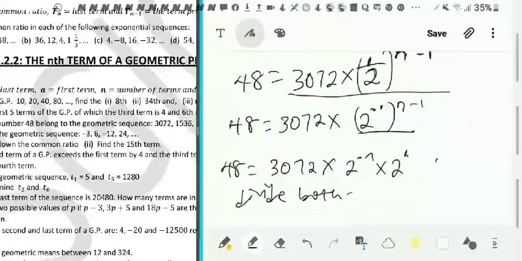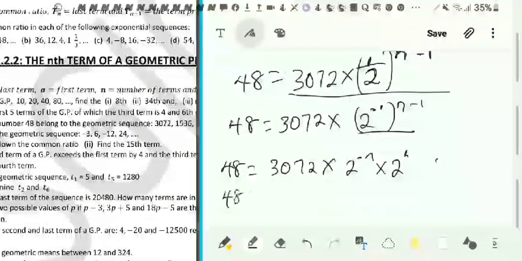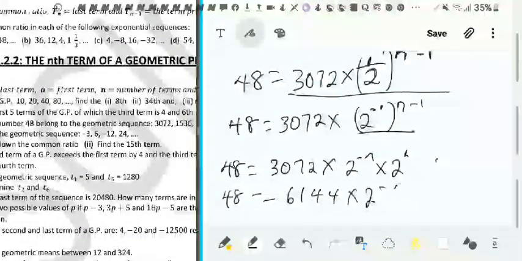Let me do it one step at a time. 48 equals 3072 multiplied by 2, that's 6144, times 2 raised to the power of negative n.